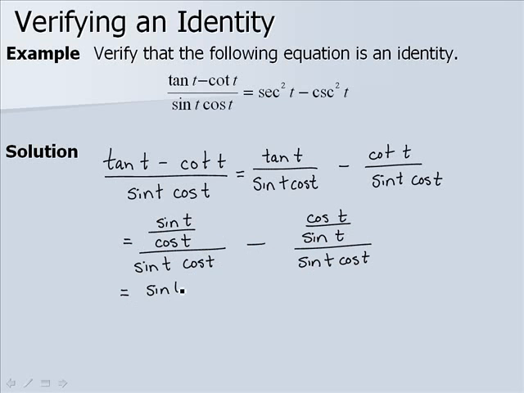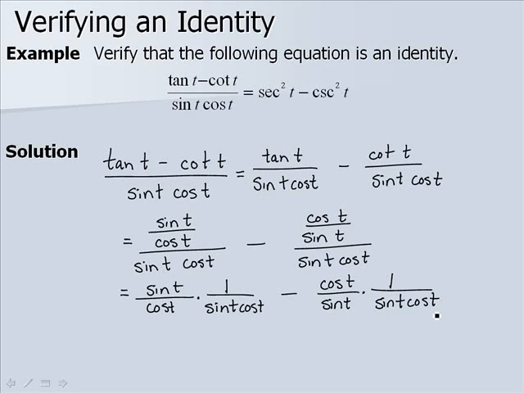We have the sine of t over the cosine of t, and instead of dividing by sine cosine, we'll multiply by 1 over sine of t cosine of t. And we'll do the same on our other side here. So we see that now we can cancel our sine here, and over here we can cancel cosine.